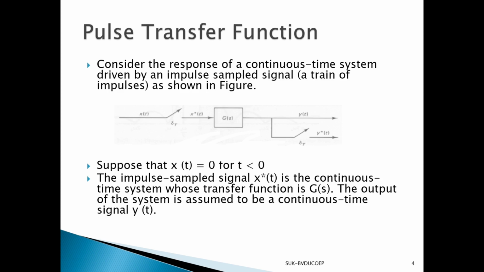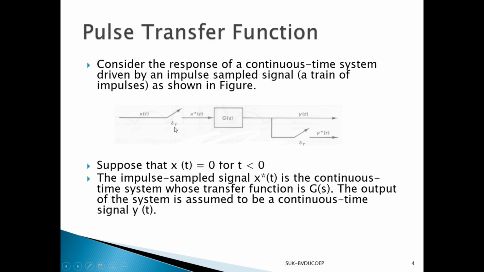So for that we have to understand from the beginning how the block is. This is your normal system or a plant or process which has a transfer function G(s), and initially we apply the continuous time signal, and what we have studied in the beginning is that the continuous time signal is sampled with the impulse signal. The impulse signal is considered as a carrier signal, and this is the modulating signal, and this will be your sample sequence.